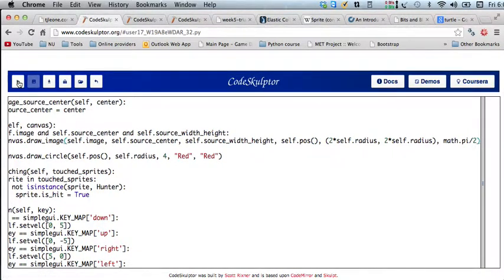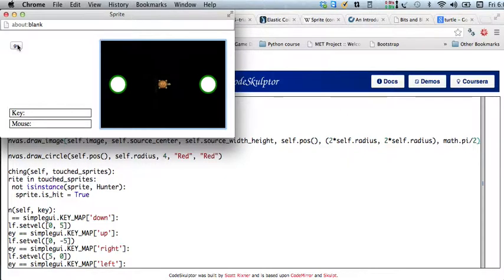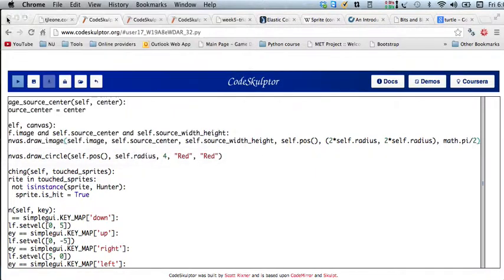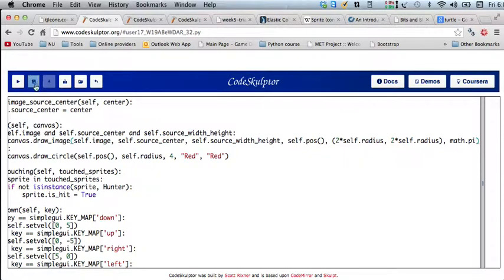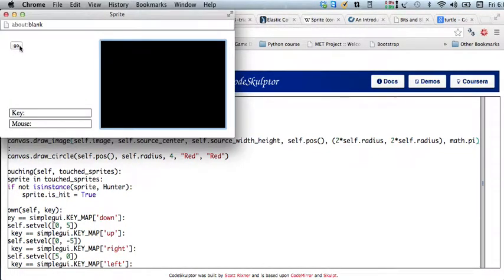Let's see what that looks like. So, okay, if he's 90 degrees, he's facing this way. So it looks like if he's 0, he's straight up. This is 90. Pi would be 180. So if we just say just pi, let's see what that looks like.